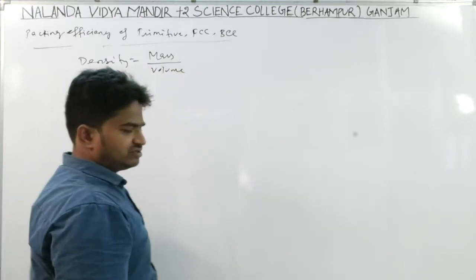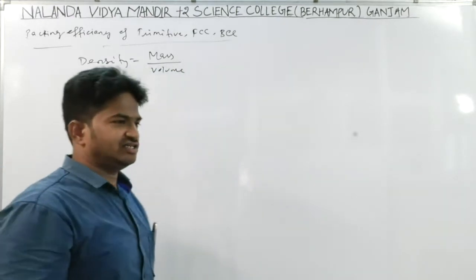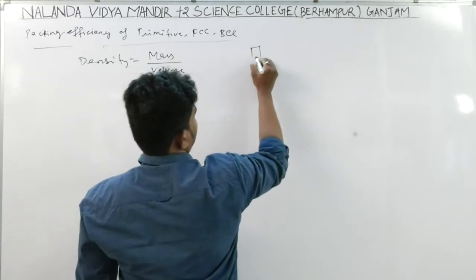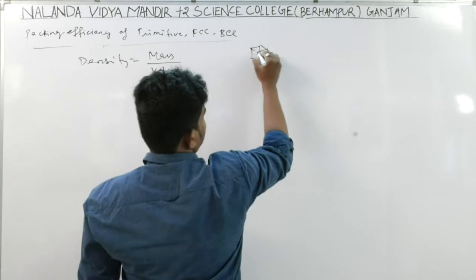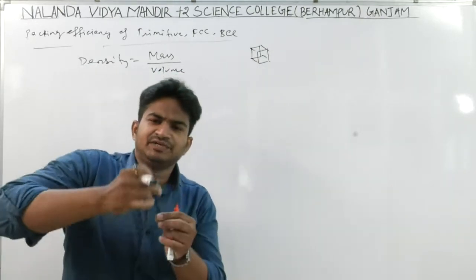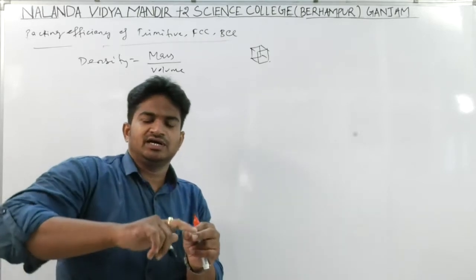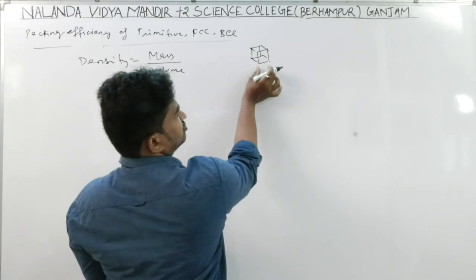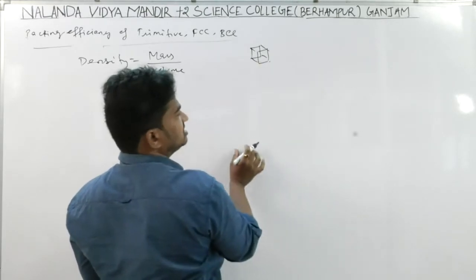In crystalline solids, the repetitive unit particles are unit cells. Each unit cell repeats over and over, which generates the entire crystal. The simplest unit cell is the cubic unit cell.